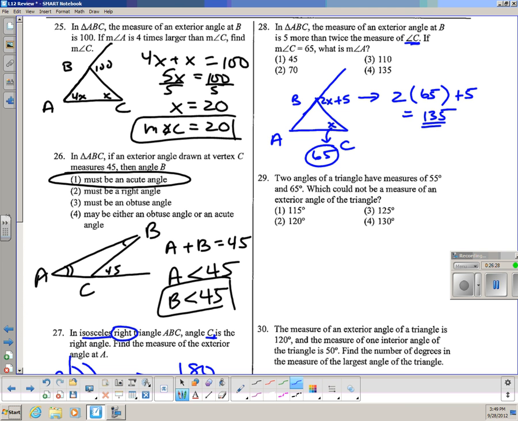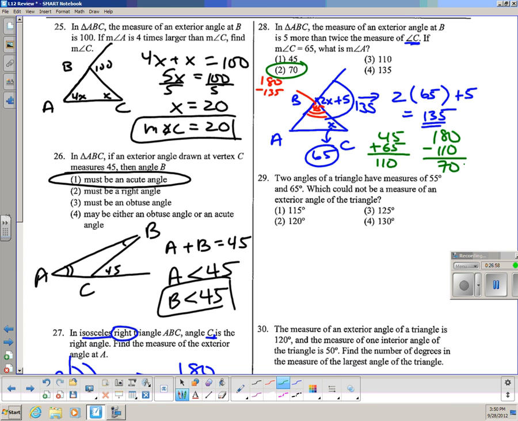But they're asking for the measure of angle A. So this guy here is 135, and there's a couple of ways to get A. You could go back into the triangle like this, subtract from 180 to get this angle. So 180 minus 135 is 45. And so now I have a 45 and a 65 in the triangle. So I can add those guys up, which gives me 110, and subtract from 180, which gives me 70 degrees.